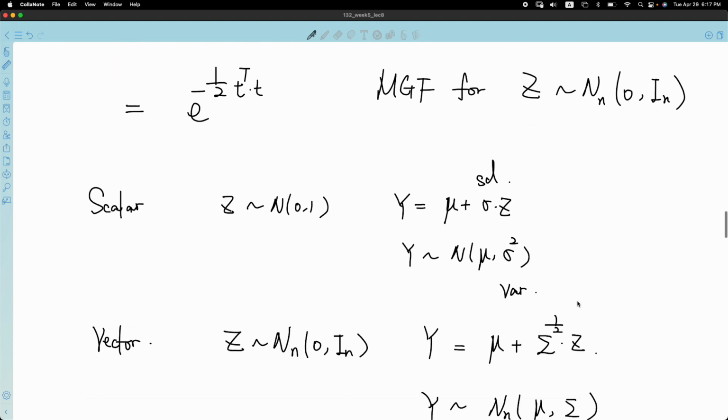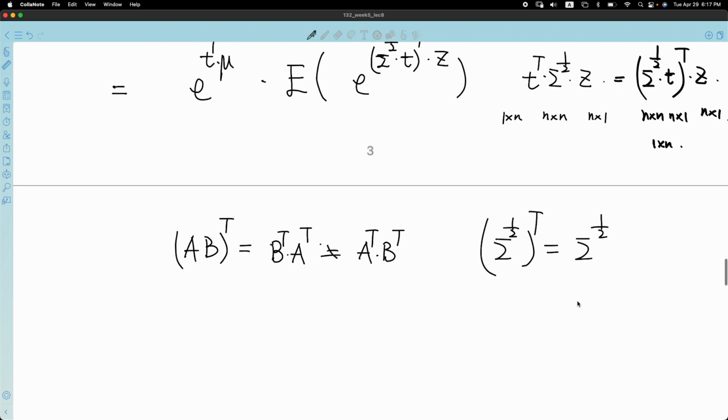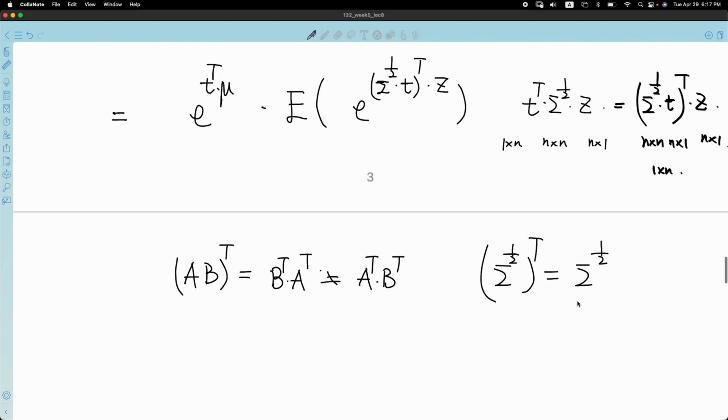Okay, so after I group these two, now this is the trick that I often do, and have also used in the scalar version. So now I'm going to call T star as sigma 1/2 T. Essentially just the thing that I grouped together.